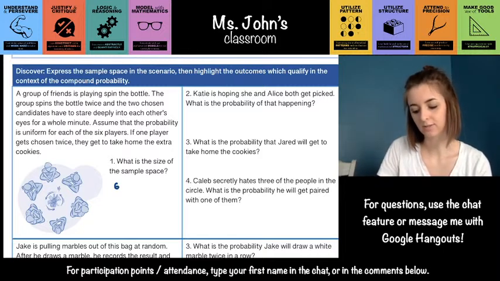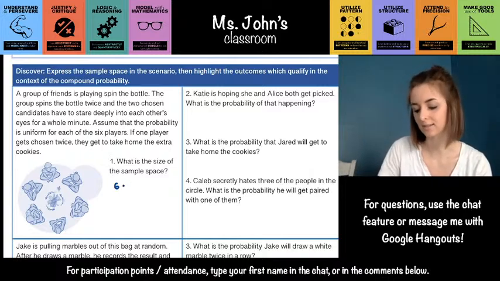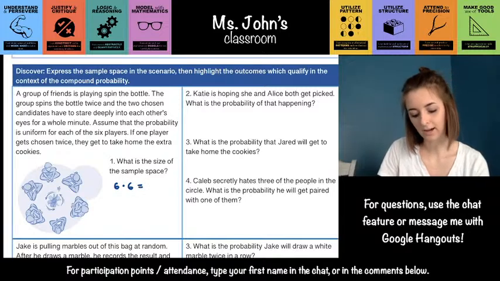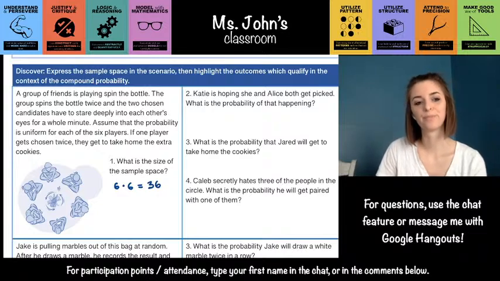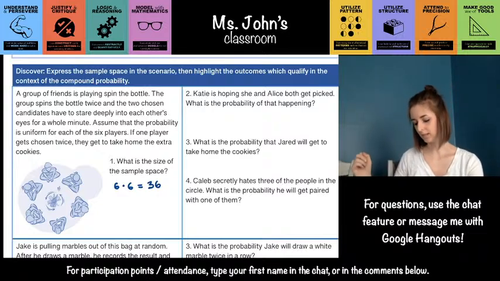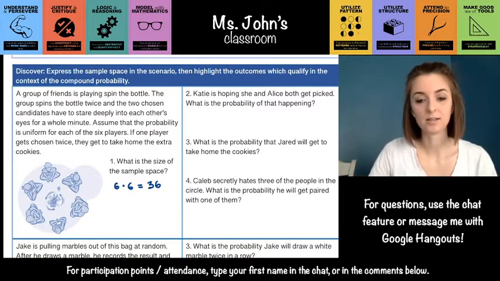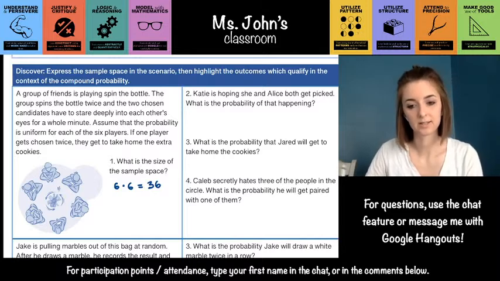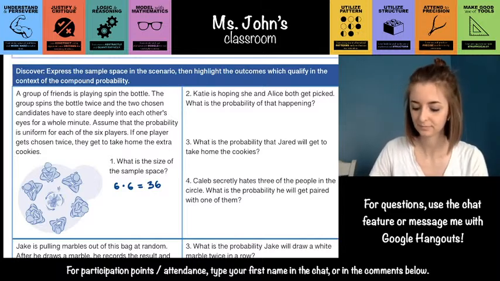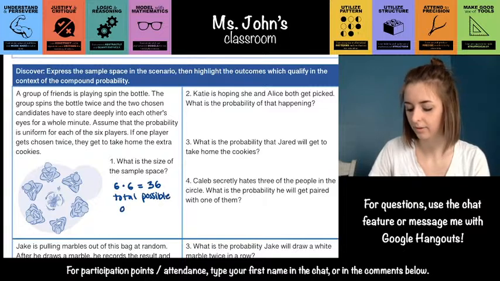Then the second time the bottle chooses, there's also 6 options. So our fundamental counting principle will tell us that the total number of possible outcomes is 36. 6 options from the first spin, 6 options from the second spin. And we'll just write total possible outcomes.